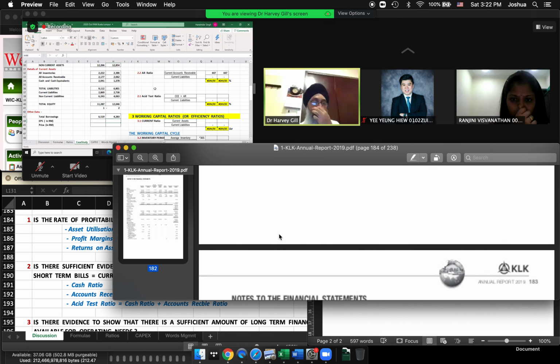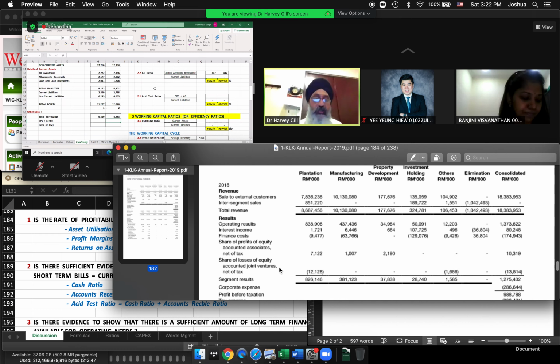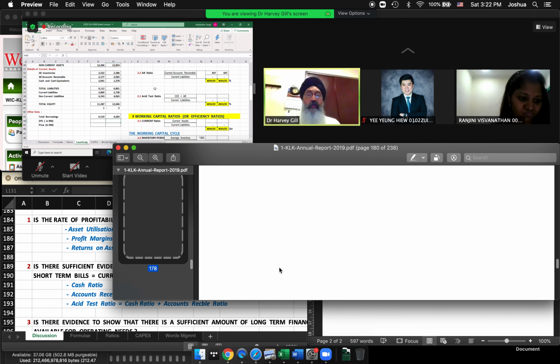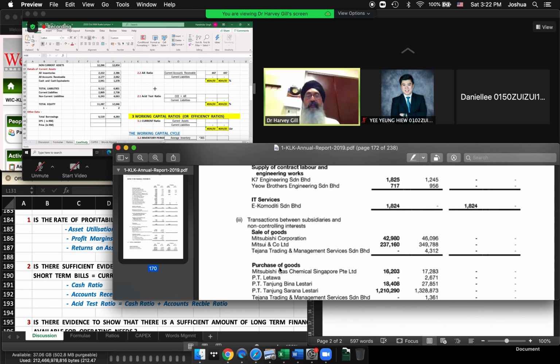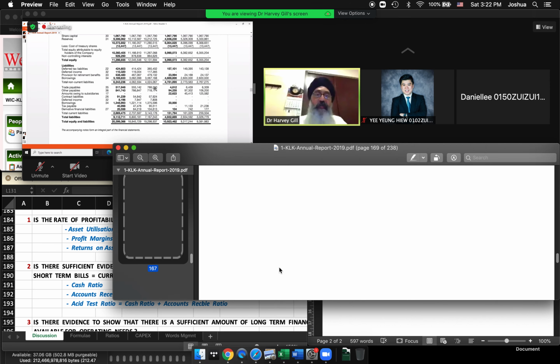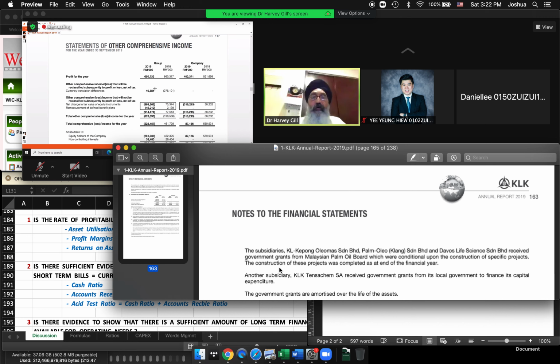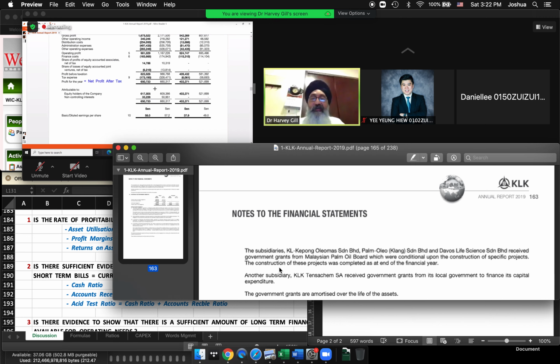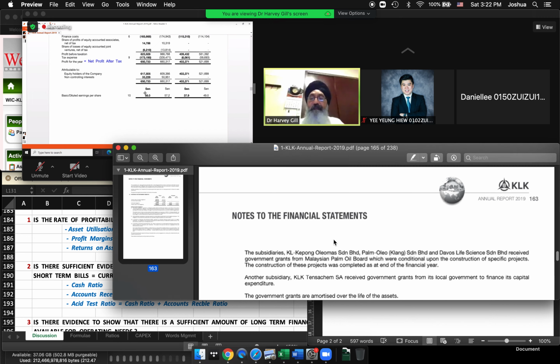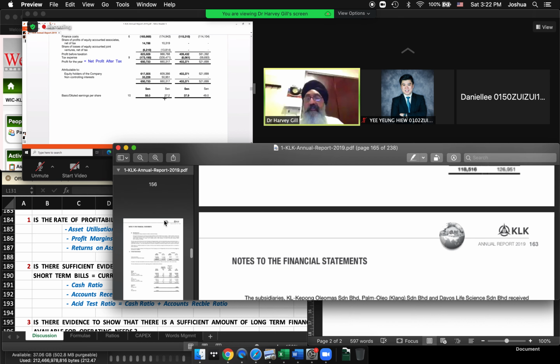Okay, then we have this data, earnings per share. Earnings per share is given at the bottom of this statement of profit or loss. There you go, earnings per share, 58 cent and 57.2 cent.